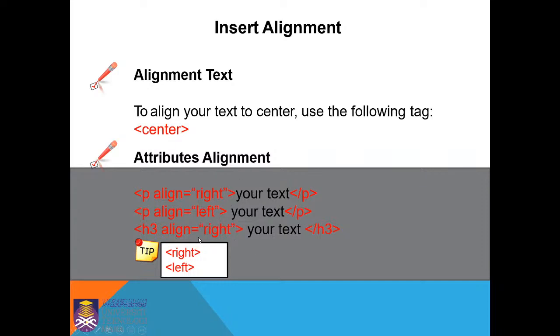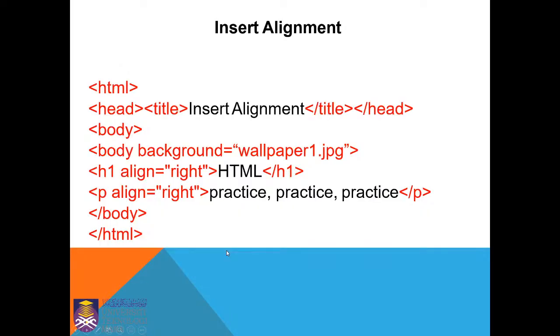If you want your text at the center, you're going to use center here. If you want your text alignment on the right side, you're going to use the right tag.